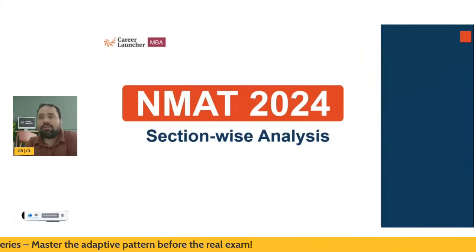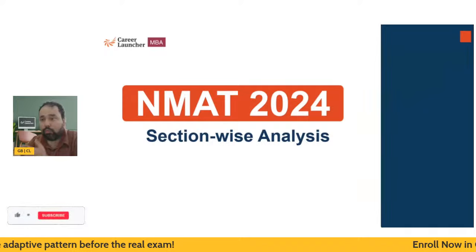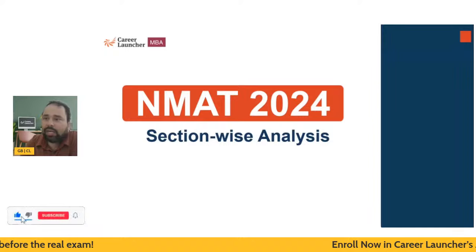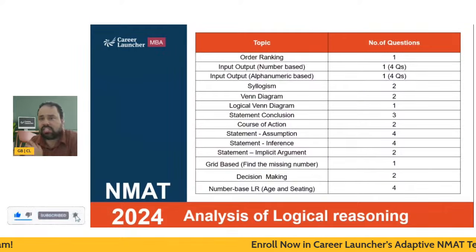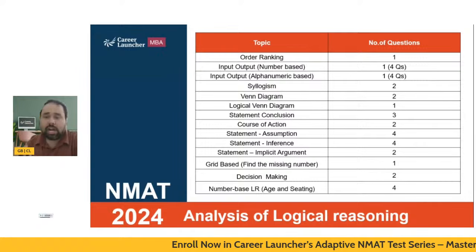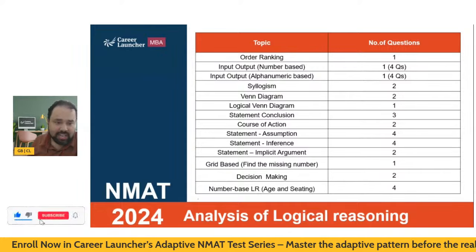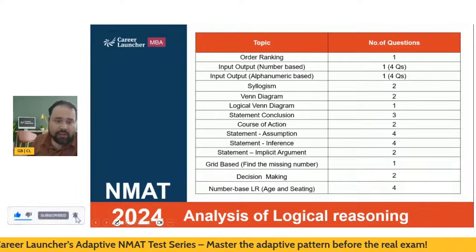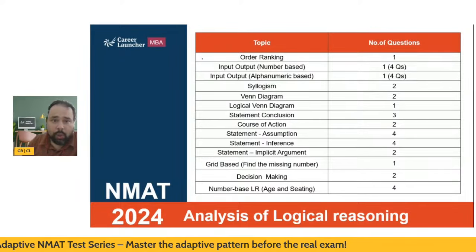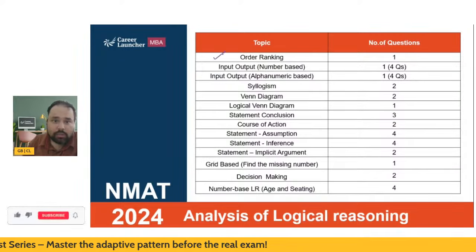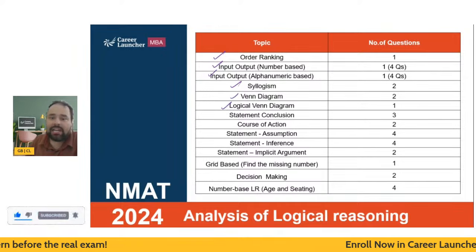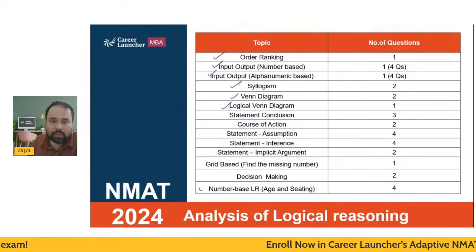If I look at it from a section-wise analysis perspective, what is it that NMAT 24 threw up last year? This is basically what it was. I'll start off with the logical reasoning section. Like I spoke about, दो part है, analytical reasoning है और verbal reasoning है. If I look at questions here, the ones I will take are analytical reasoning. 1, 2, 3, 4, 5, 6. These are all analytical reasonings, and the last one.